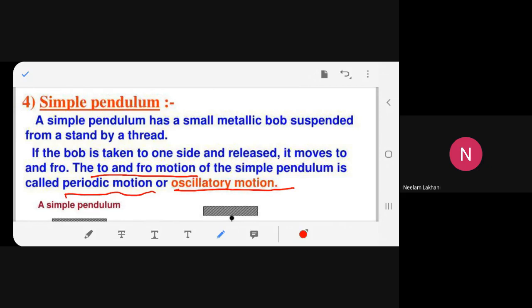From this slide, did you understand? Yes. Okay, so if I say oscillatory motion, that is equal to periodic motion. Am I right? Is equal to to and fro motion. So there are three names, to and fro, periodic, oscillatory motion. Any problem so far? No.